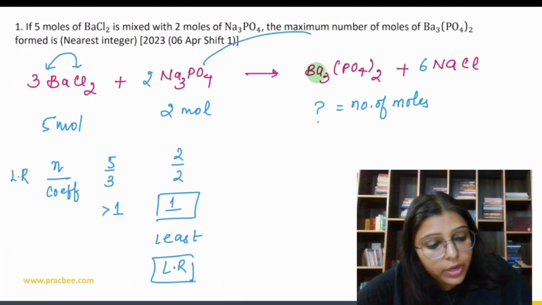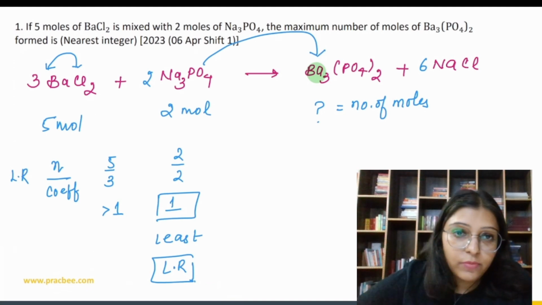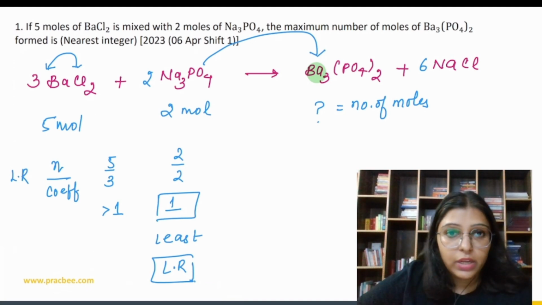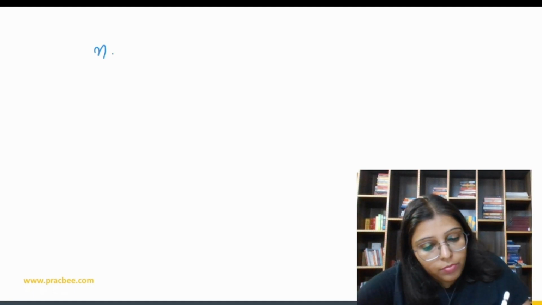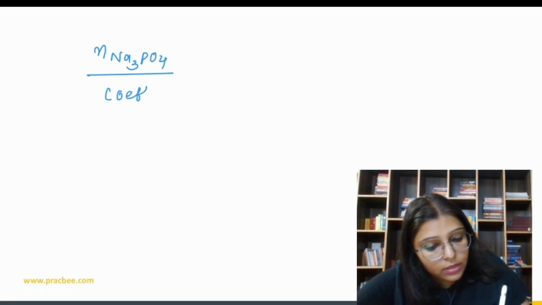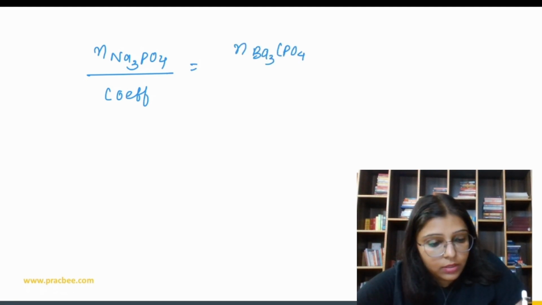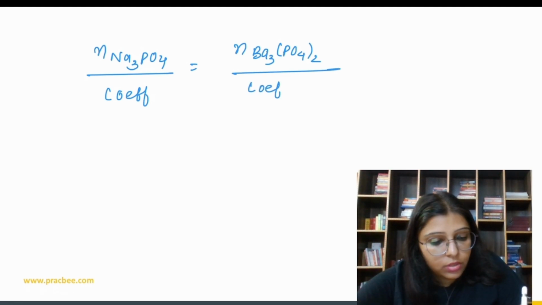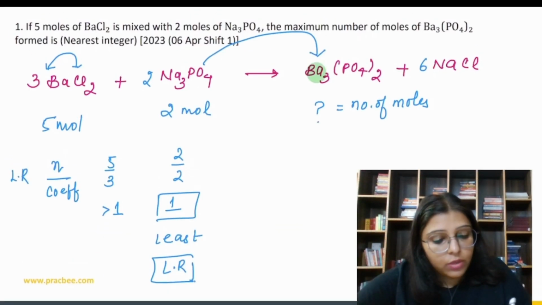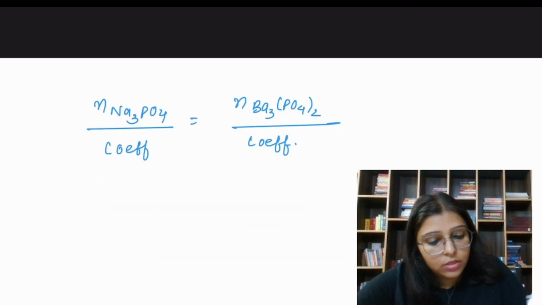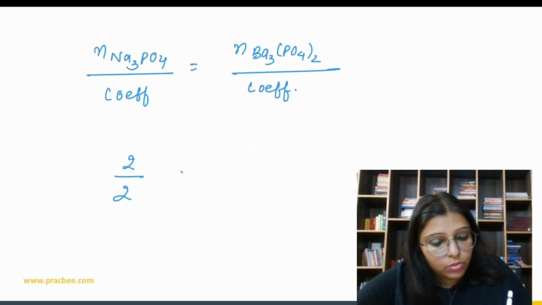Now we are going to find moles of barium phosphate with respect to sodium phosphate. How? Number of moles of sodium phosphate divided by its coefficient is equal to number of moles of barium phosphate divided by its coefficient. Number of moles of sodium phosphate is 2 moles divided by coefficient 2.